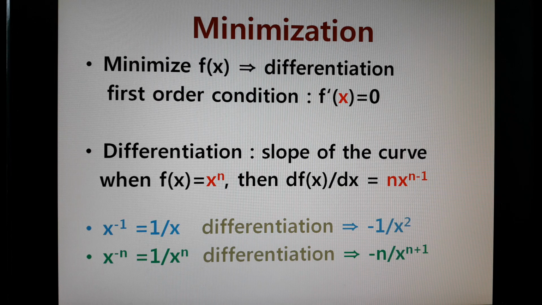So if x is to the power of minus n, it's 1 over x to the power of n, and when differentiated, minus n jumps out, and it becomes minus n over x to the power of n plus 1.